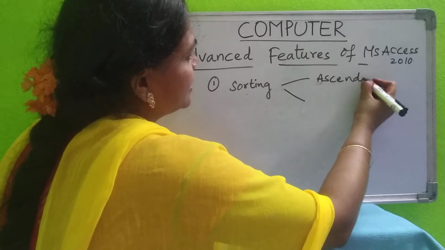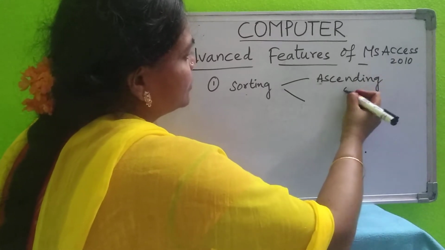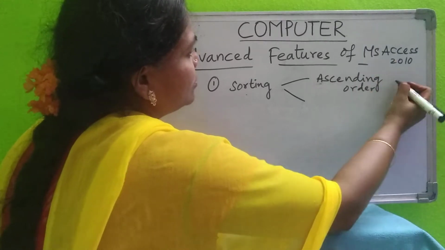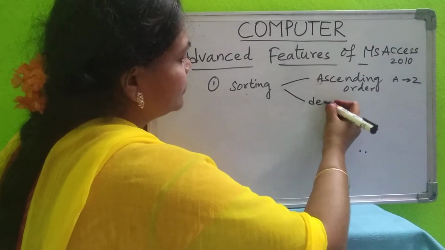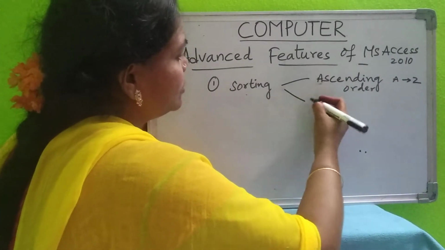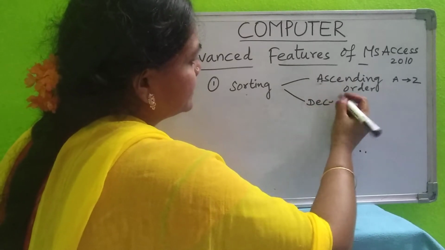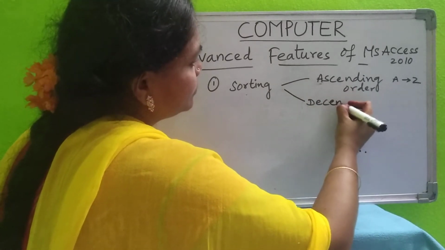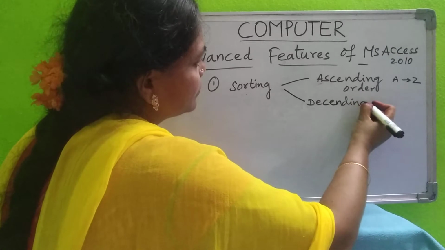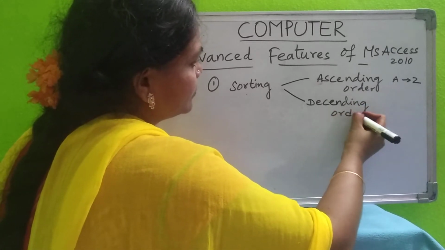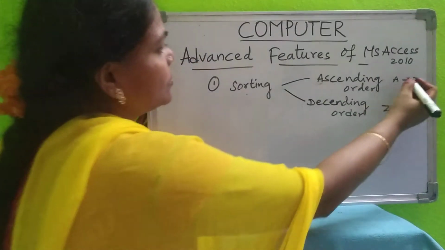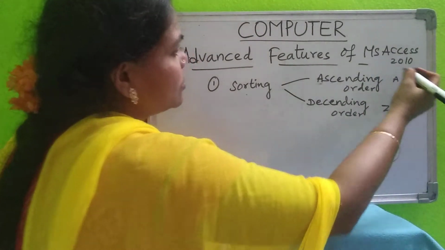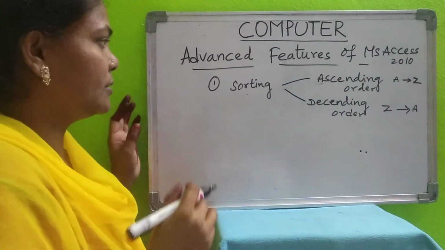Ascending order means A to Z and descending order means Z to A. We select one column and sort all the records according to that.